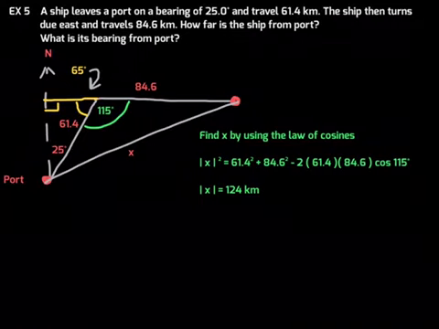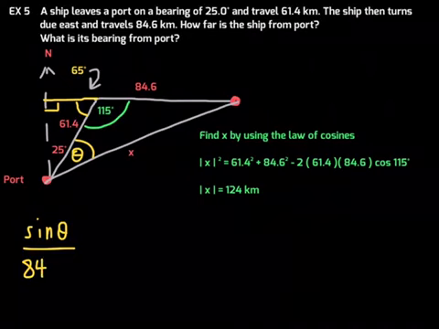Now, I think we can use the law of sines to find theta, can't we? I mean, look at this. Isn't sine of theta is to 84.6 kilometers what sine of 115 degrees is to x, which we now know to be 124 kilometers.